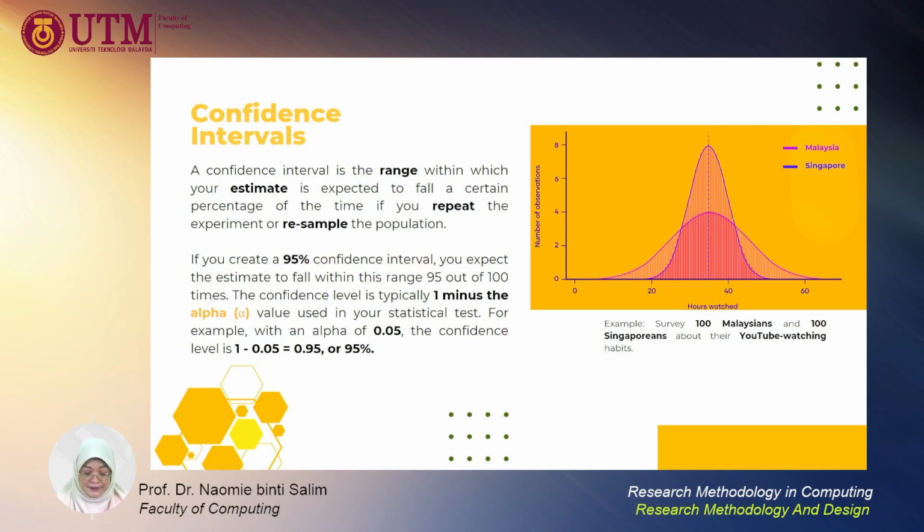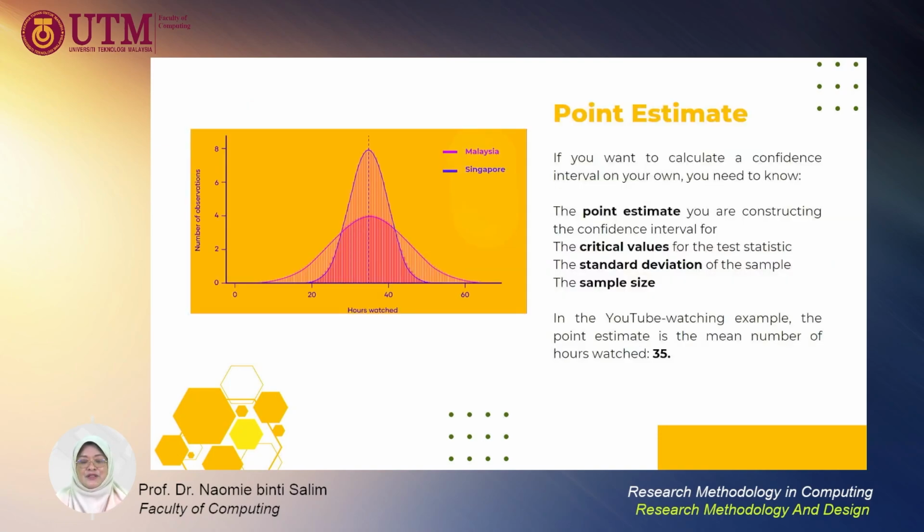So, for example, you survey 100 Malaysians and 100 Singaporeans about their YouTube watching habits. And that is the frequency graph that you have plotted based on the data you collected from the survey. So how do you calculate the confidence interval?